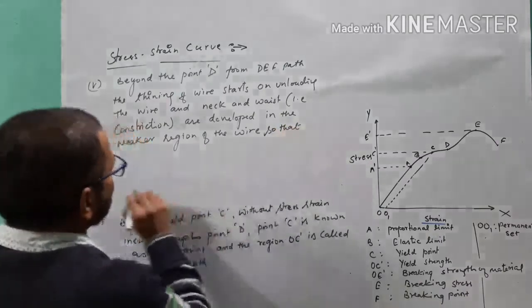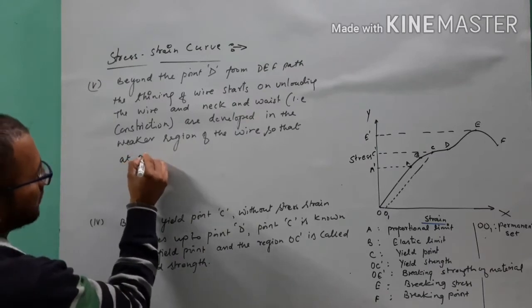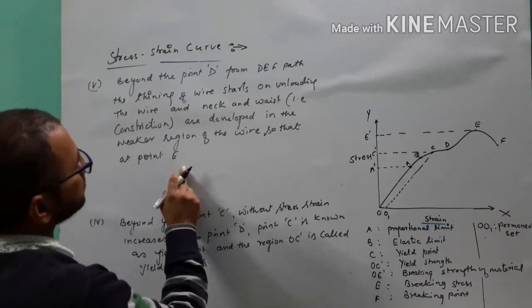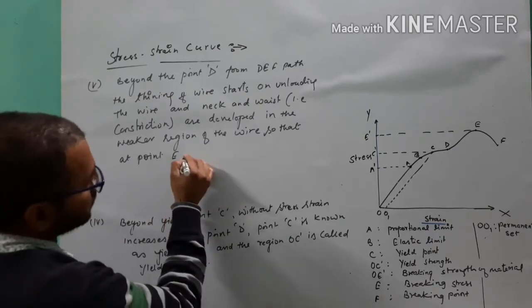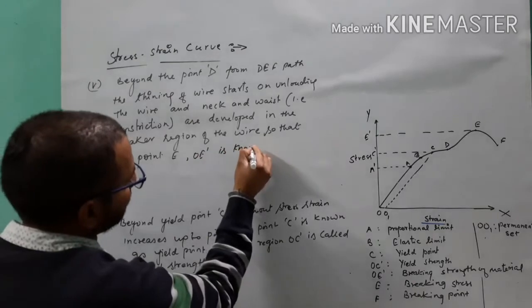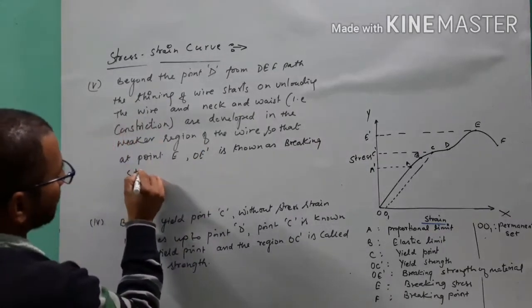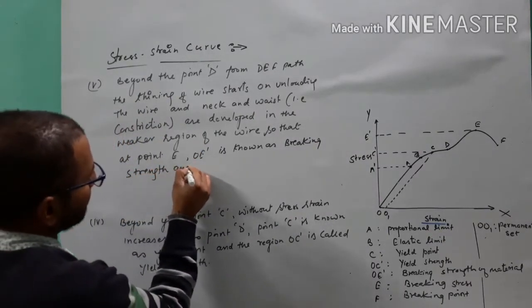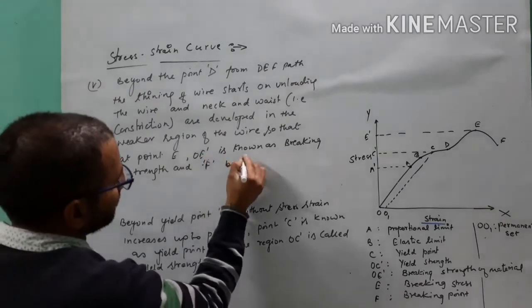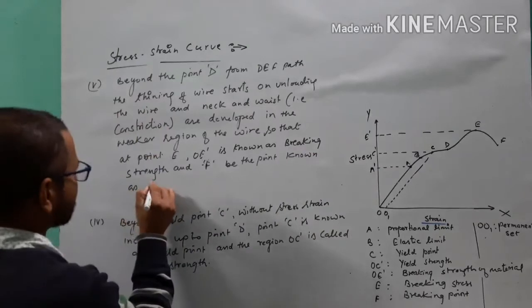So at point E, OE dash is known as the breaking stress, or you can say breaking strength, and F is the point known as the breaking point.